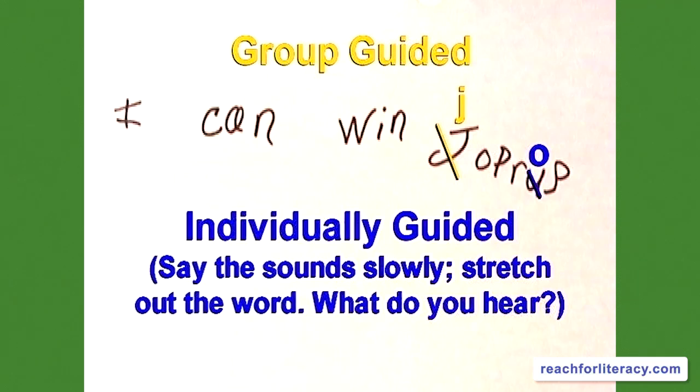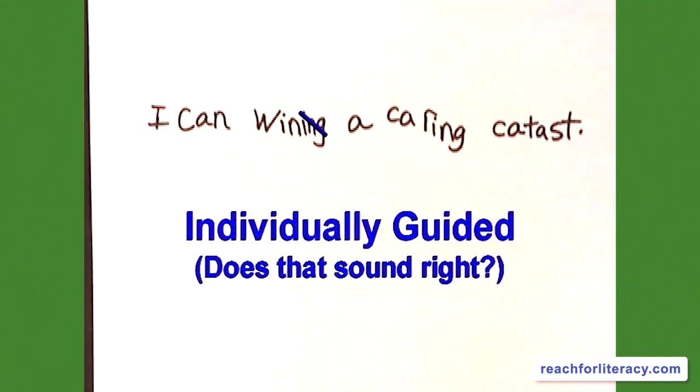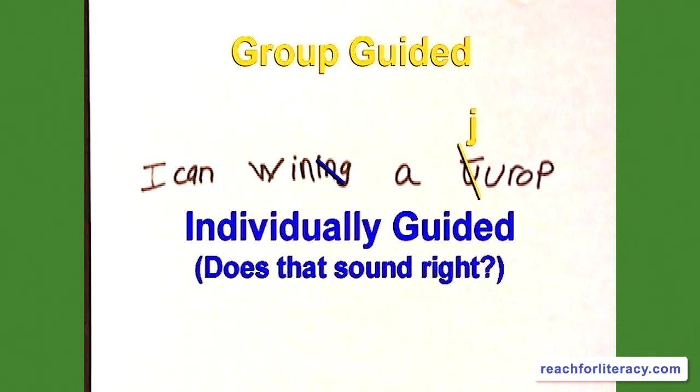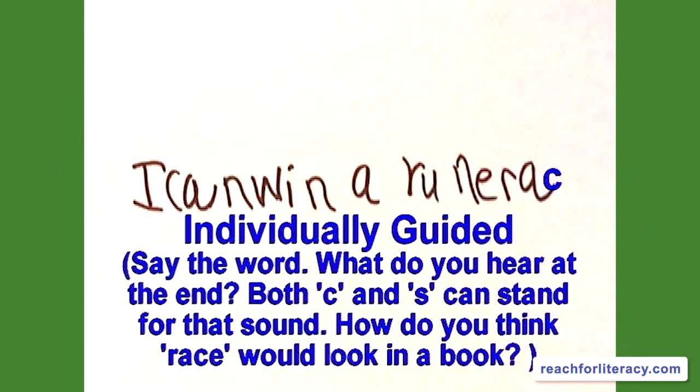Student 1 changed the U to O. The trainer-coach guided student 2 to drop the ing on winning. Student 3 also dropped the ing on winning. Student 4 was asked to consider the ending phoneme in race.